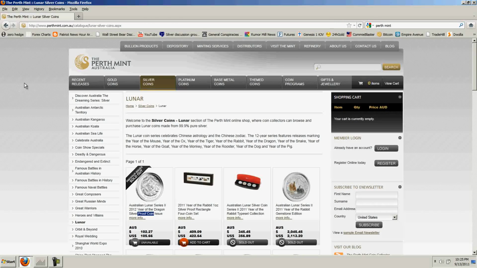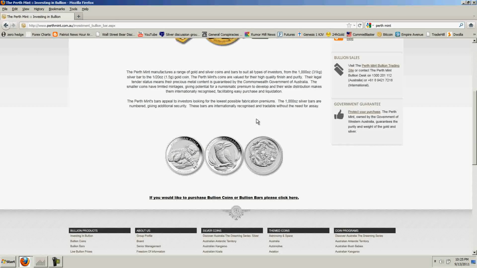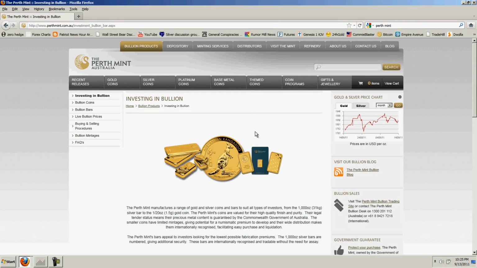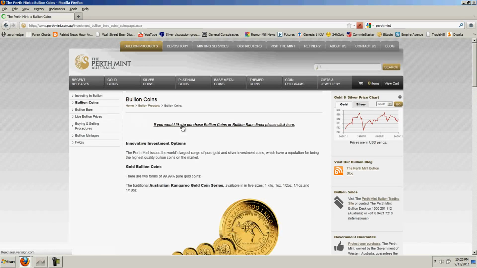Now, the other thing I found is that if you head over to bullion products at the Perth Mint, you can select your bullion products and you can do bullion coins.